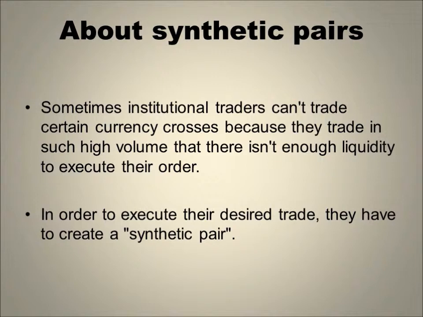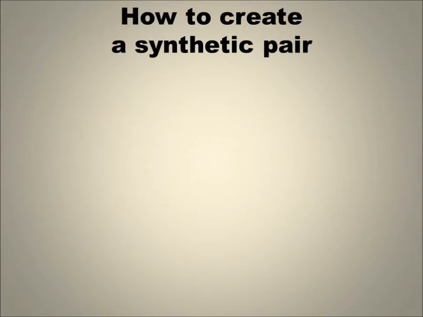So sometimes when we see a pair and we want to get involved, but with that high spread, it makes that pair seem rather unattractive. So that's another reason to create synthetic pairs as well. Without further ado, let's learn how to create a synthetic pair.